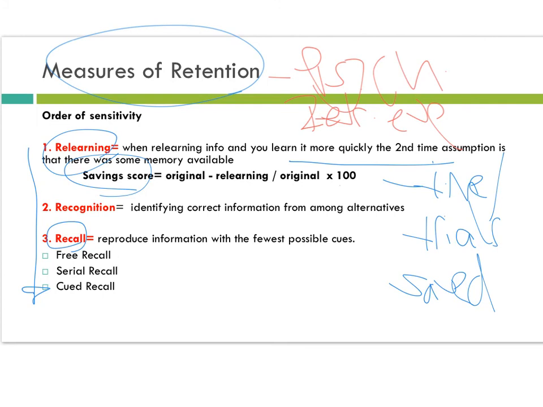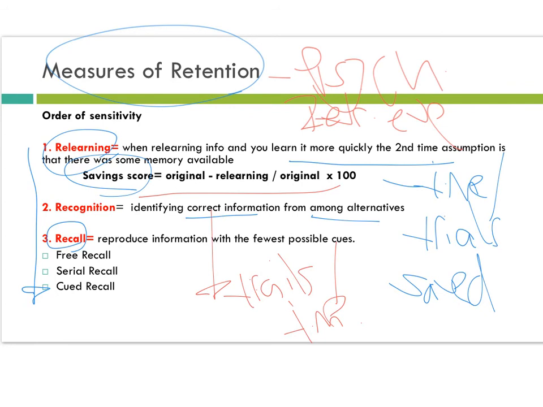And this is how you calculate that saving score. Remember that depending on the scenario, you need to talk about either, as I've said before, time or trials. Now, you need to make sure you know how to calculate that saving score. You will not need a calculator in the SAC or in the exam, so just make sure you know the formula.